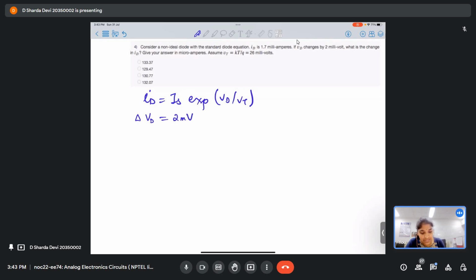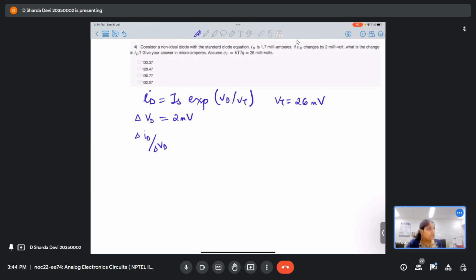So what is the change in ID? We have to find delta ID by delta Vd, meaning the change in ID with respect to Vd basically. It's also given that Vt is 26 millivolt.